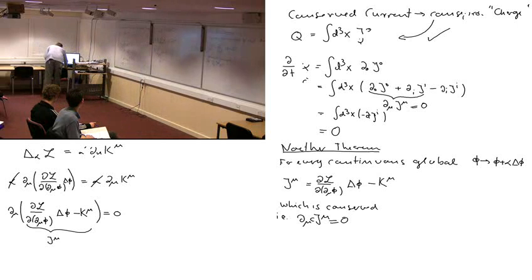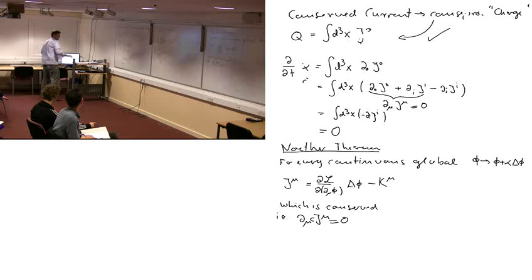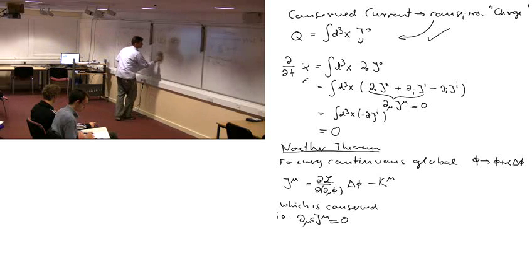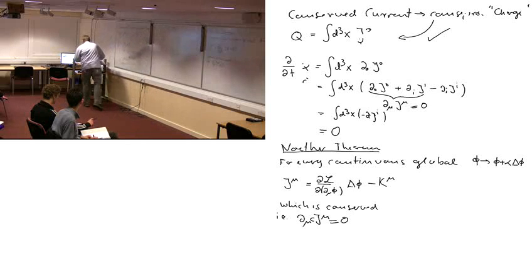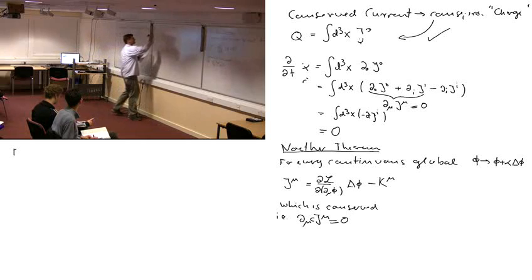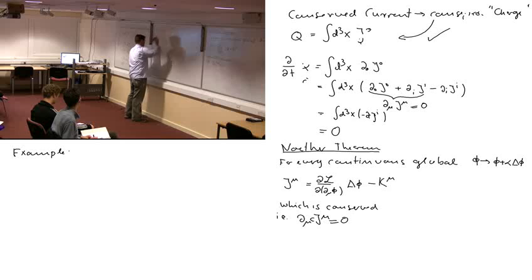So this is the middle board here. Let us do an example. Let us take an action S of phi, which only contains one field.